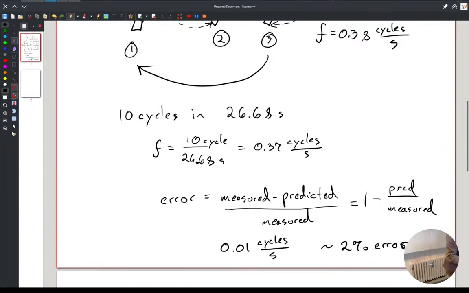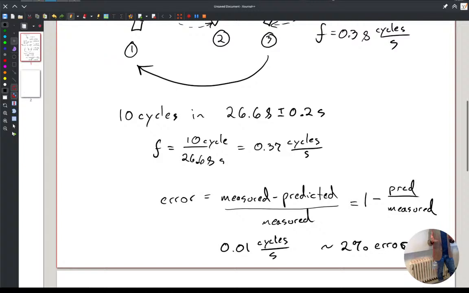So one thing we could do is take that 26.68 seconds and say this is plus or minus, maybe, I'm going to say I'm pretty good, a fifth of a second. Within a fifth of a second, I was able to capture these 10 cycles. Also, that's another reason 10 cycles was better than just 1 cycle, because I'm still going to be about a fifth of a second accurate, but 1/5 of a second over 30 seconds is not that big a deal.